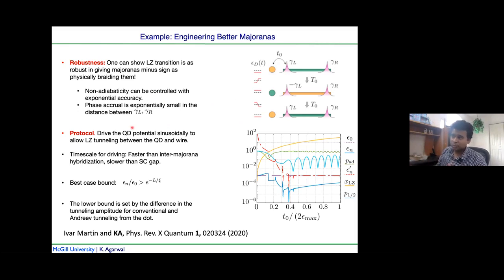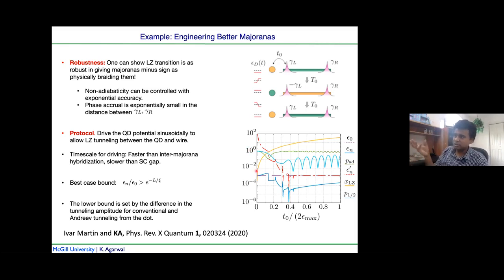And so this is what we did. We went ahead and numerically plugged in a Kitaev chain coupled to a quantum dot, driven periodically in time. And so, in units here, one is essentially the local energy scale.